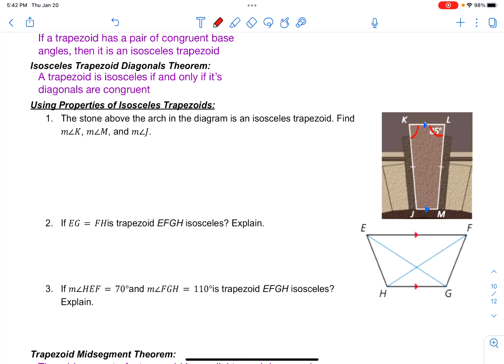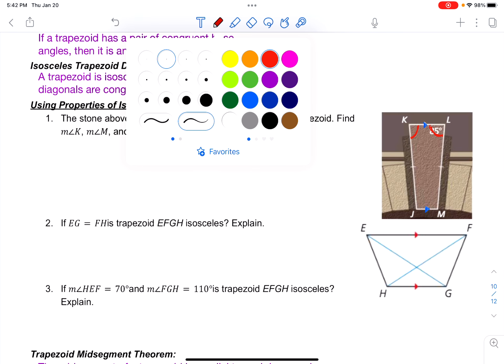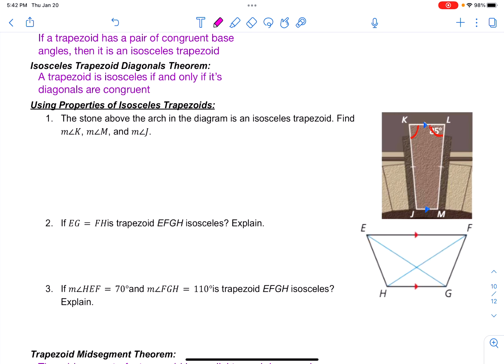So right now we just have this measure of angle L to be 85, but we know that angle L and angle K have to be congruent. So angle K has to equal 85 degrees. And then we just need to find M and J.